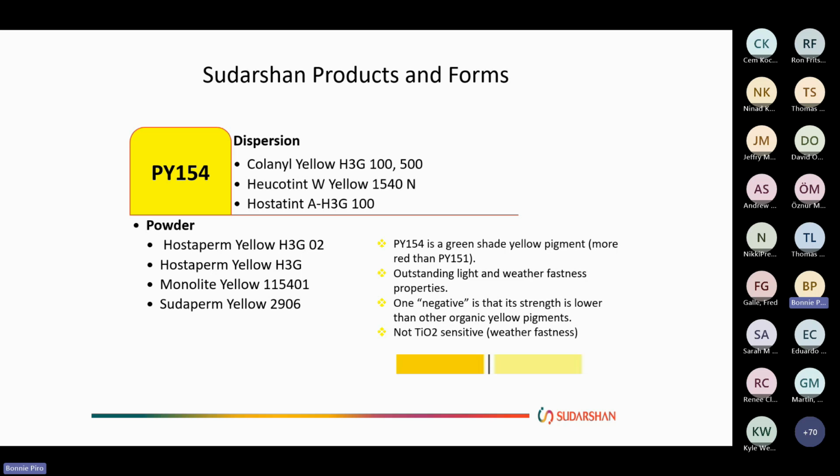The one positive thing with it, it's not sensitive to TiO2. However, the one negative is that its strength is lower than other organic pigments. But you definitely have to balance the properties with what you are looking for with respect to an attribute list.